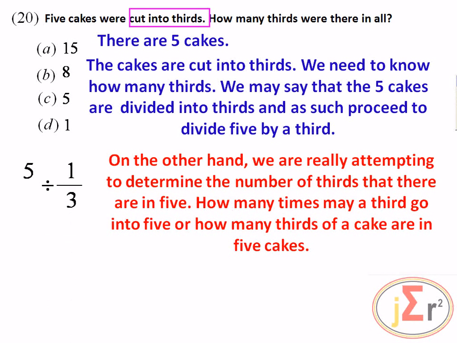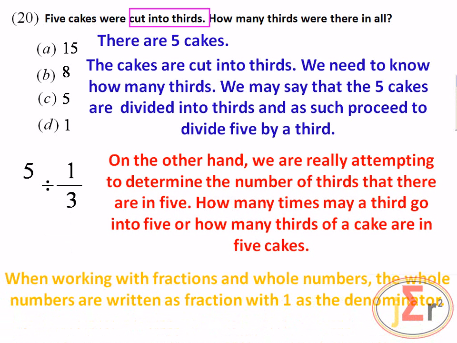5 divided by 1/3. When working with fractions and whole numbers, the whole numbers are written as fractions with 1 as the denominator. So we have 5 over 1 to be divided by 1 over 3.